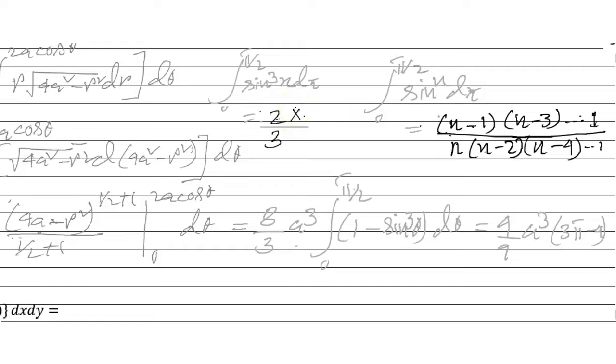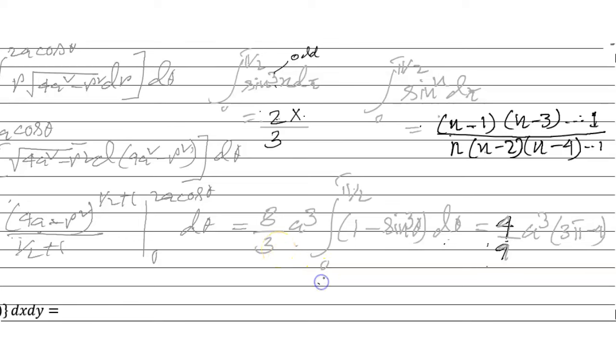If n is an odd positive number, 3 is odd, so no need to write pi by 2, so 2 by 3. That's why I can get very simple simplifications, friends.